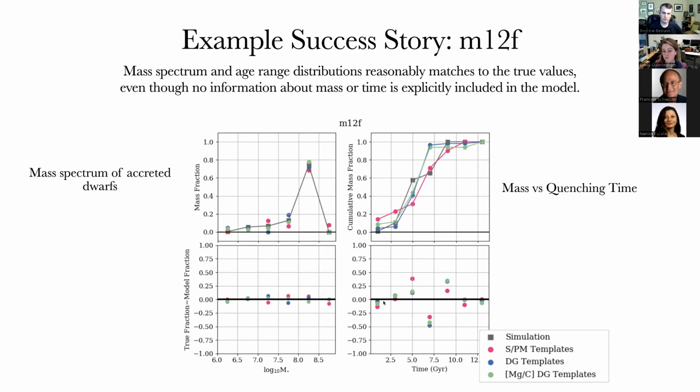Similarly, I can look at mass accreted as a function of quenching time. And while the agreement is not as strong as it is with the mass fraction, given that this was just an empirical approach with a linear model, that really this model knows nothing about physics, it only has the abundance distribution and the templates, I thought that it did pretty well. It's not quite as good for quenching time, but still pretty good given all these considerations.